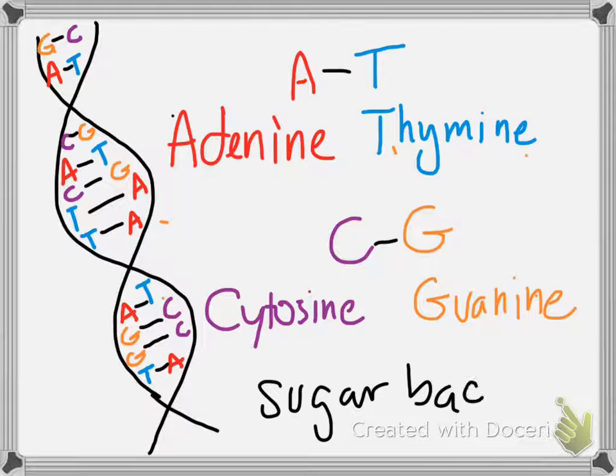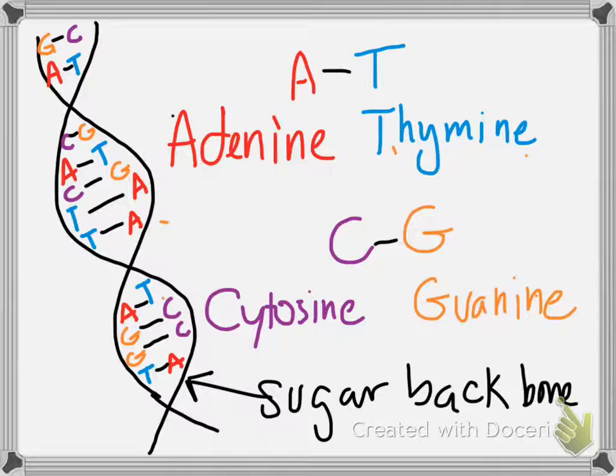It's not like table sugar, but we call the outsides of the ladder the sugar backbone. That's the first component of DNA. And then the rungs of the ladder are made up of only 4 chemicals. So 4 chemicals make you different than another human, and different arrangements of those 4 chemicals make a ladybug different than a maple tree. That's kind of amazing.